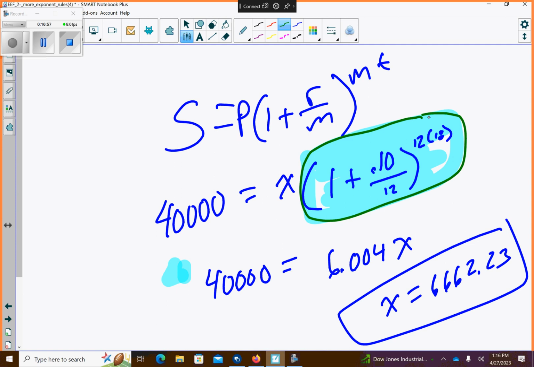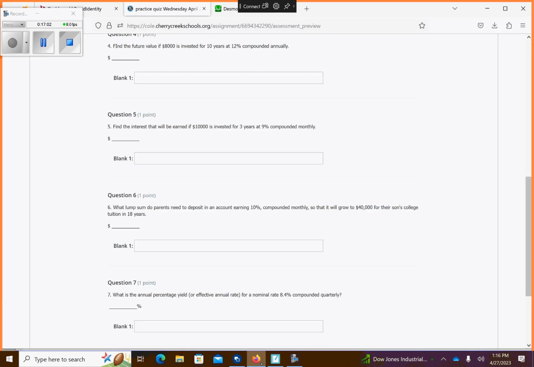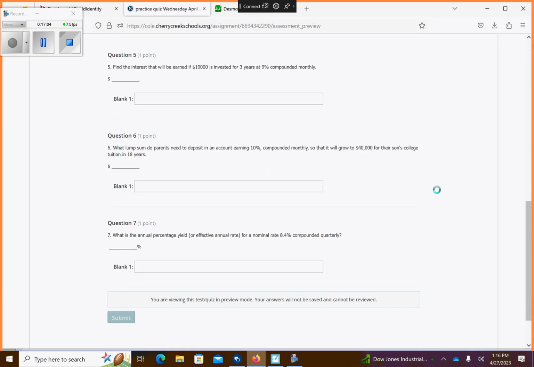All right. And then problem number 7, last question that I'll run through. Says, what is the annual percentage yield or effective annual rate of a nominal rate of 8.4% compounded quarterly? All right. I got to look back in the book because I can't remember.